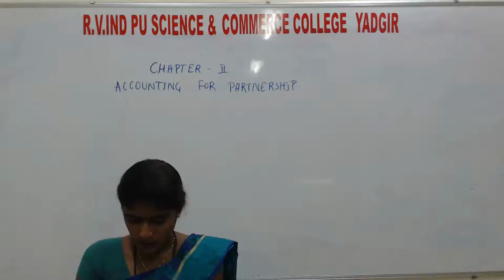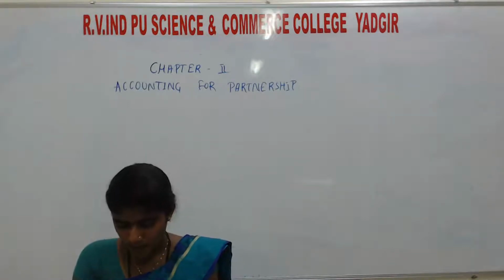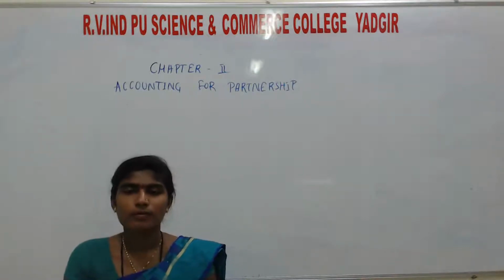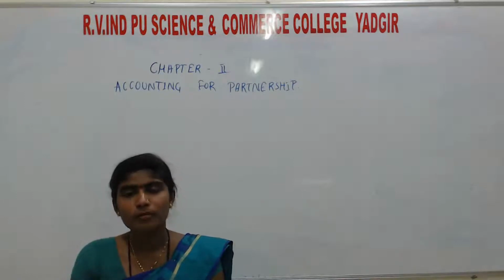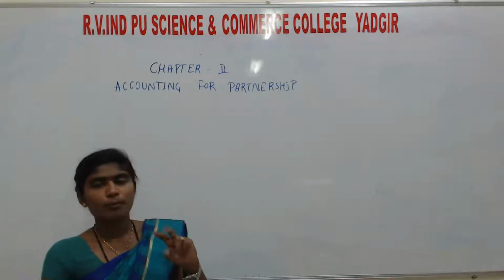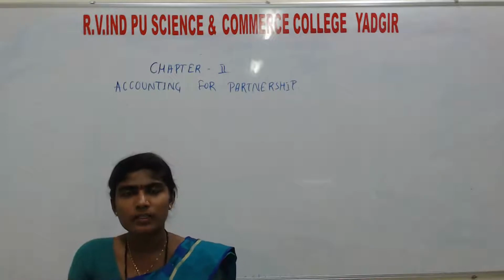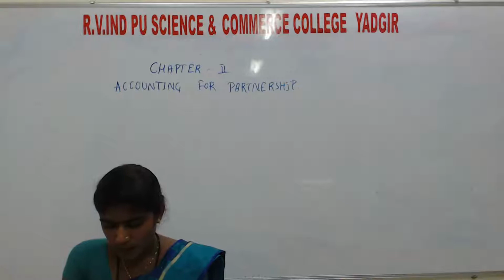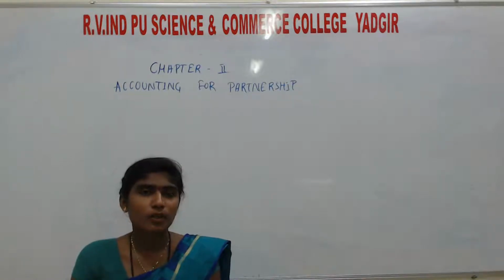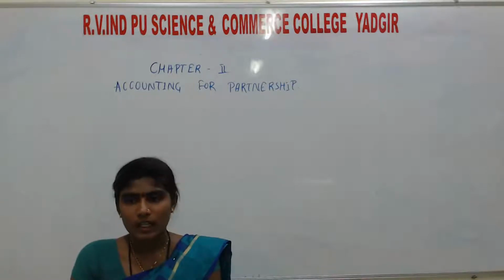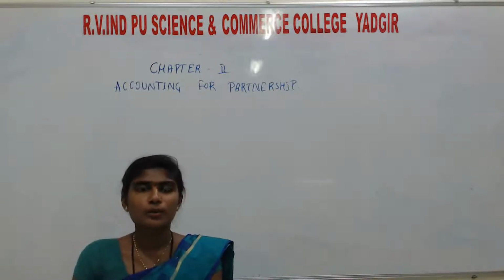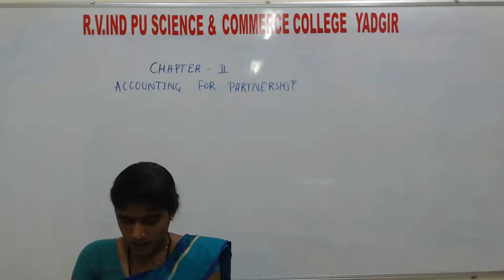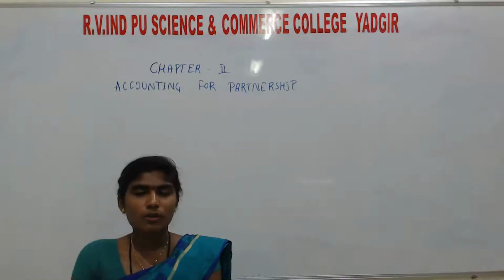Rakhi and Shiksha are partners in a firm. In a partnership firm, there are mainly two partners. First one, Rakhi, and second, Shiksha, with capitals of rupees 2 lakh and 3 lakh respectively. Rakhi's contribution to the firm is 2 lakh and Shiksha's contribution towards the firm is 3 lakh.